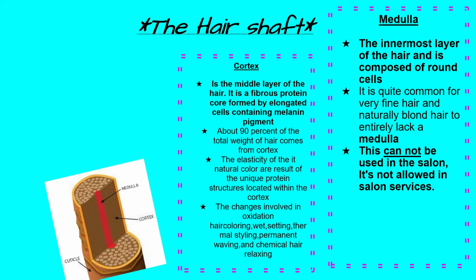The elasticity and the natural color are results of unique protein structures located within the cortex. The changes involved in oxidation, hair coloring, wet setting, marcels, thermal styling, permanent waves, relaxers, any of those chemical services all take place in your cortex.